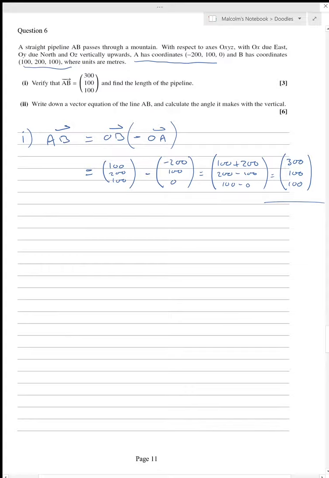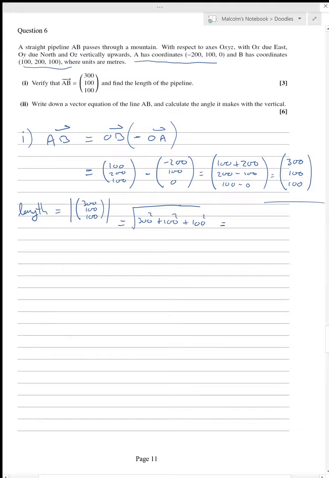Find the length of the pipeline. So the length is just equal to the modulus of this vector AB, (300, 100, 100), and that is equal to the square root of 300 squared plus 100 squared plus 100 squared.